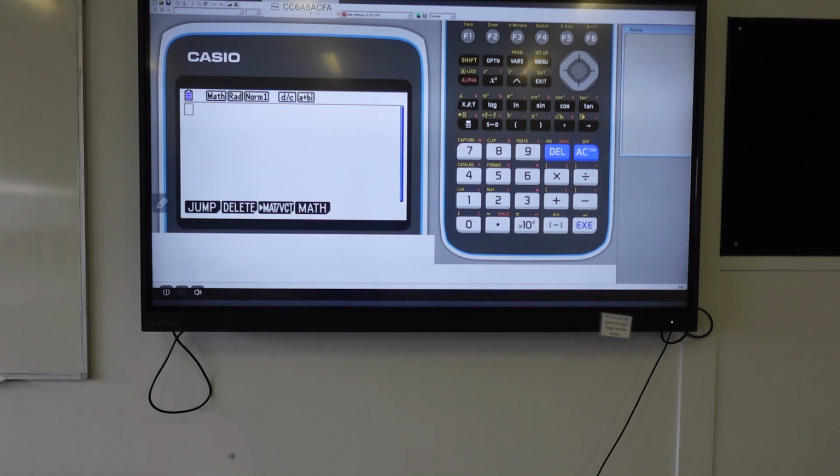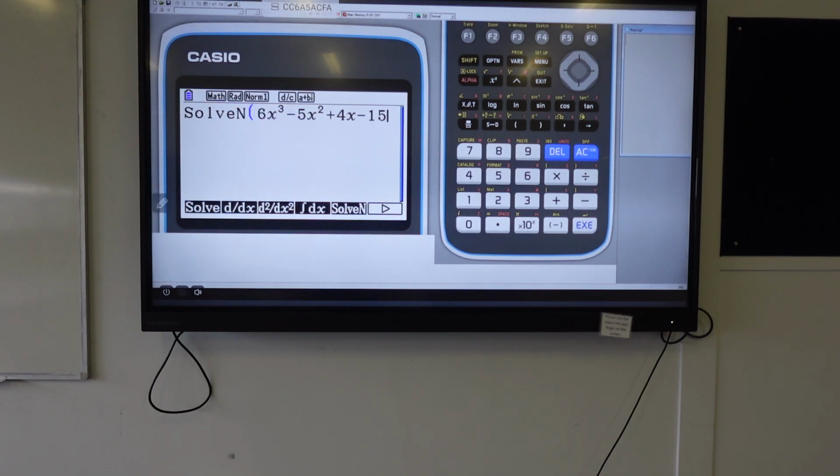Okay, what we're going to do is exactly what we did last time. Options, calc, solve n, and then we input our polynomial. 6x cubed minus 5x squared plus 4x minus 15.